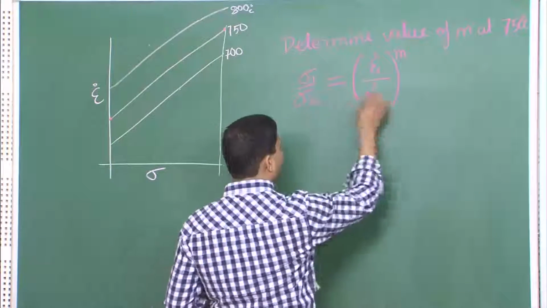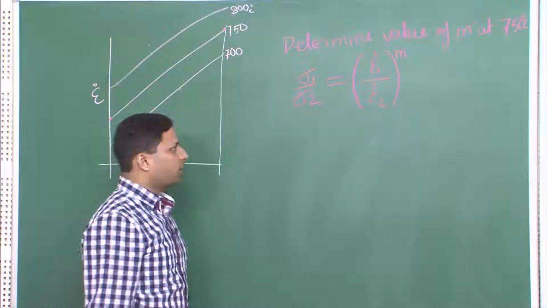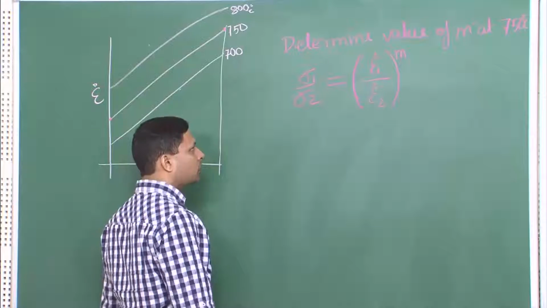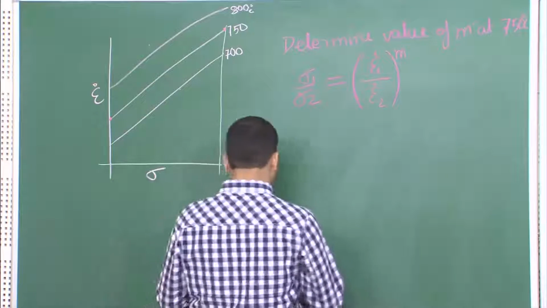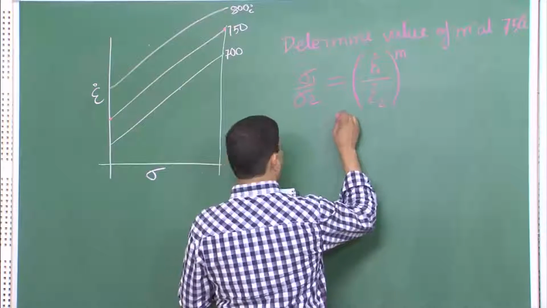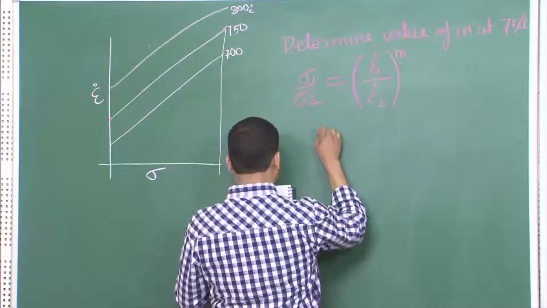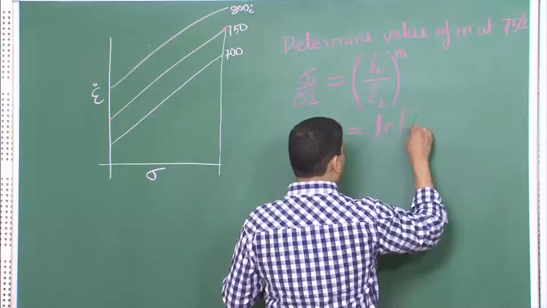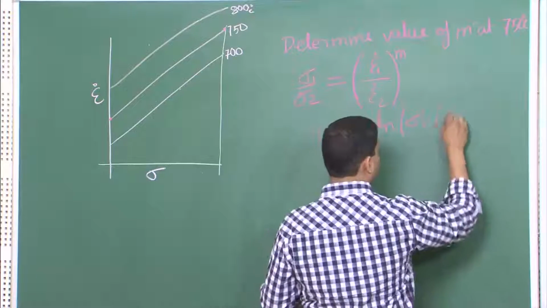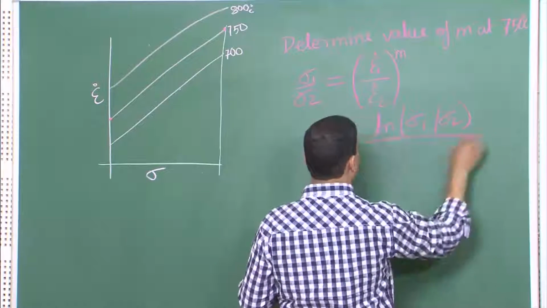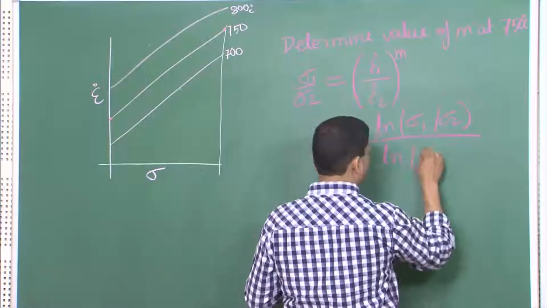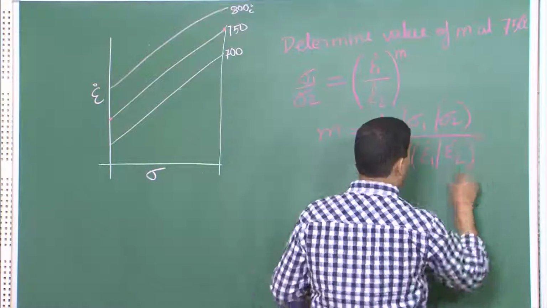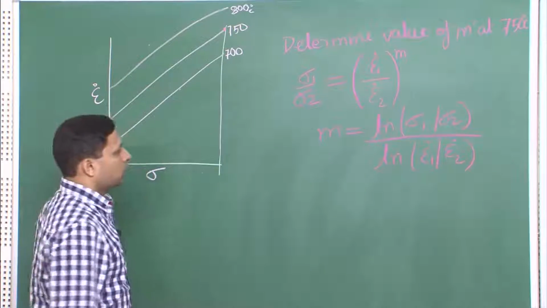Now, sigma 1 by sigma 2 is equal to the ratio of strain rates raised to m. This is our old equation where we know that flow stress depends on strain rate, and from here we can take log on both sides, and you can show that m will be equal to the log of the strain rate ratio over the log of the stress ratio.